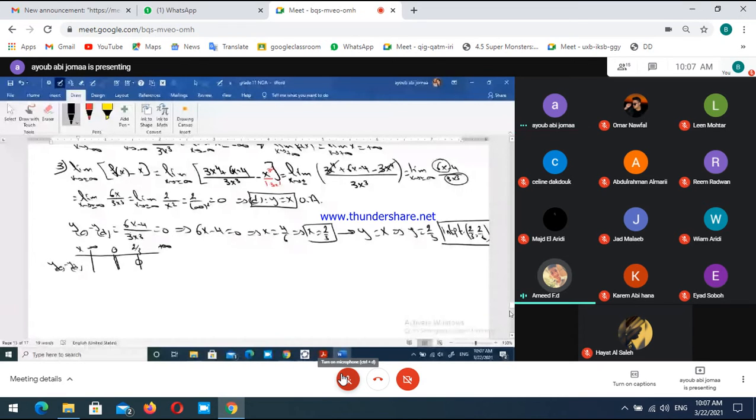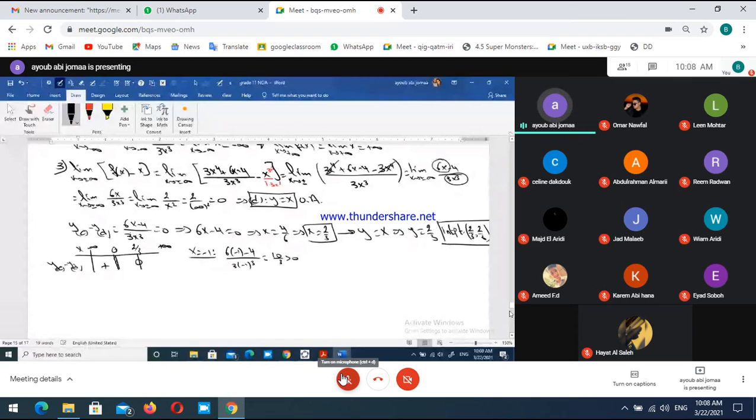Before zero, take a number less than 0, let's take negative 1 and replace: 6 times negative 1 minus 4 over 3 times negative 1 power 3, the answer will be 10 over 3, which is positive.